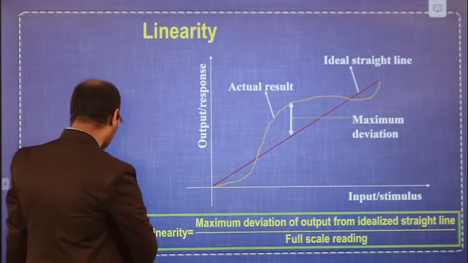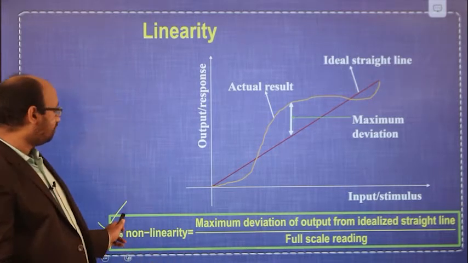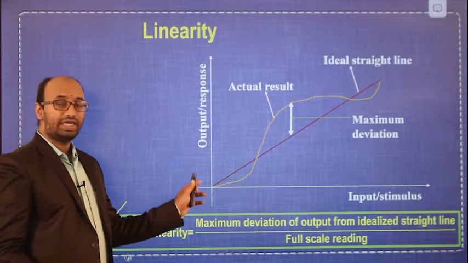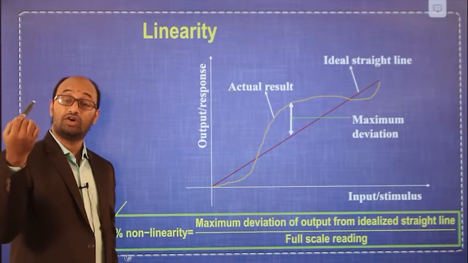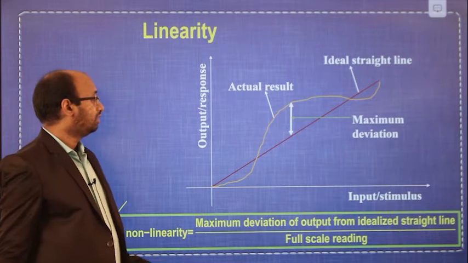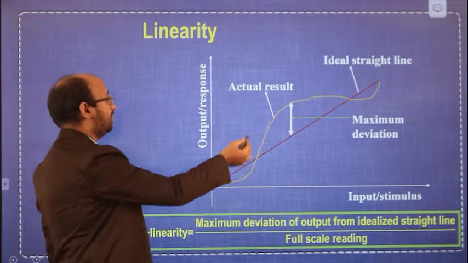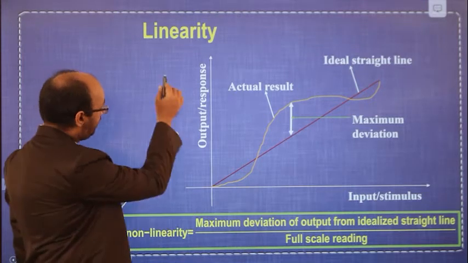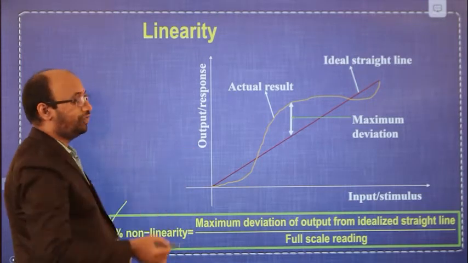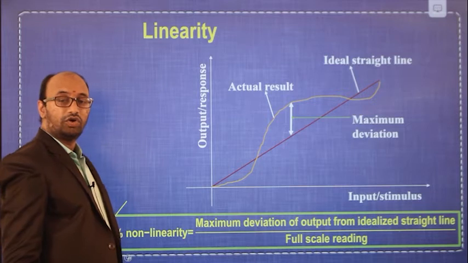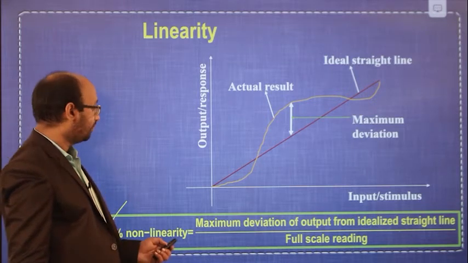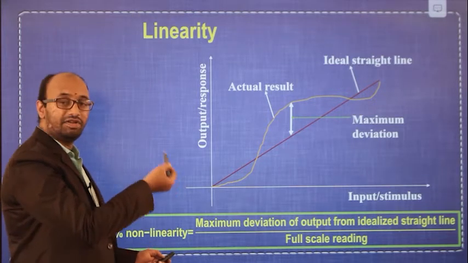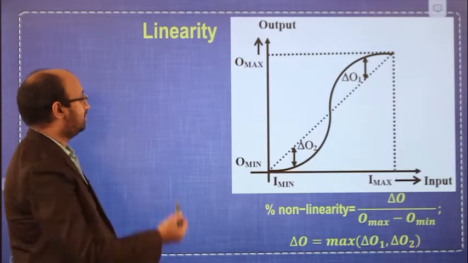So using this formula, we can calculate the non-linearity of an instrument. We have to observe the maximum deviation from the set point, and then we know the full scale reading, and using these two we can calculate the non-linearity of the instrument. Let us understand this even better with this characteristic.